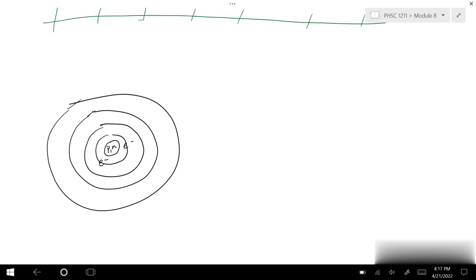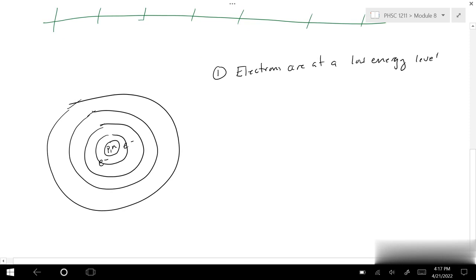Electrons at their lowest energy state will be as close to the nucleus as possible. In this picture, I'm going to call the black image 1. The electrons don't have a lot of energy, they're chilling out.